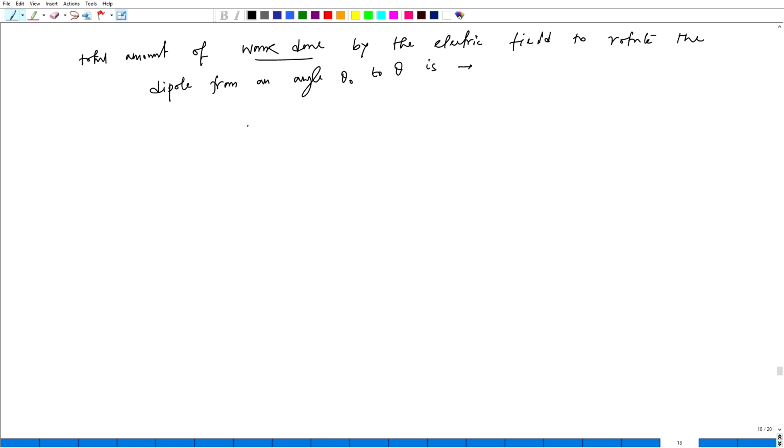W is the integral from theta naught to theta, and the torque is minus pE sin theta, times d theta. So this is pE times cos theta minus cos theta naught.